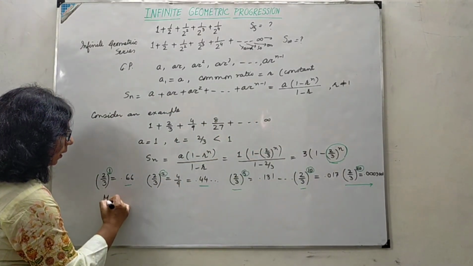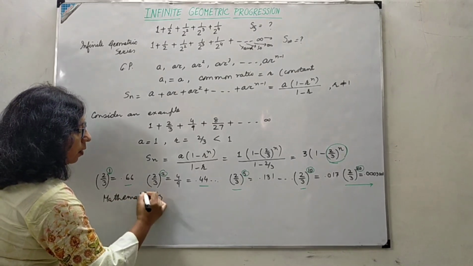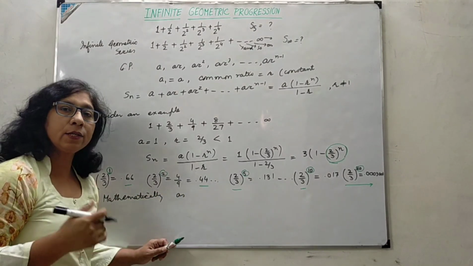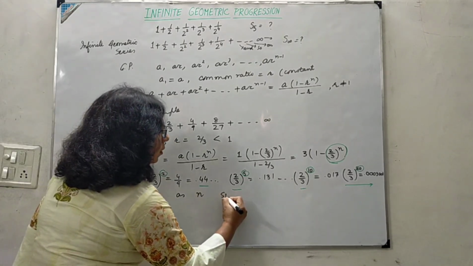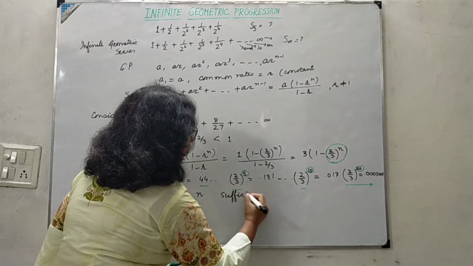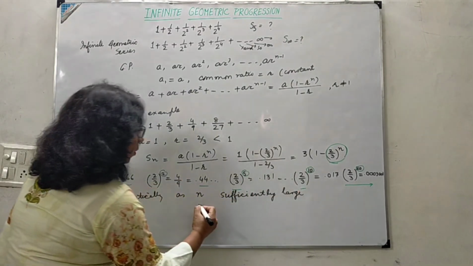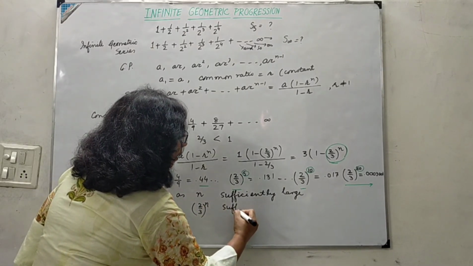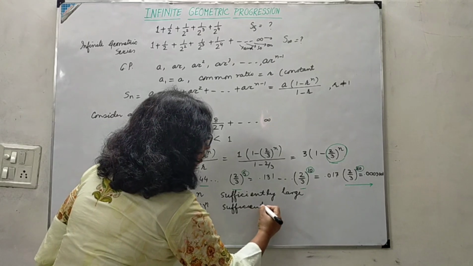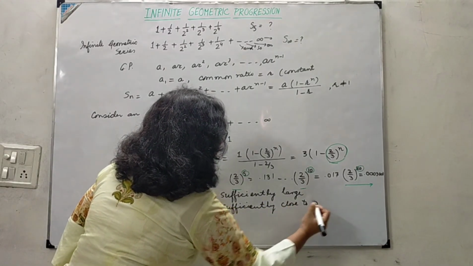That means mathematically we can say that as n is sufficiently large, 2 by 3 to the power n is sufficiently close to 0.